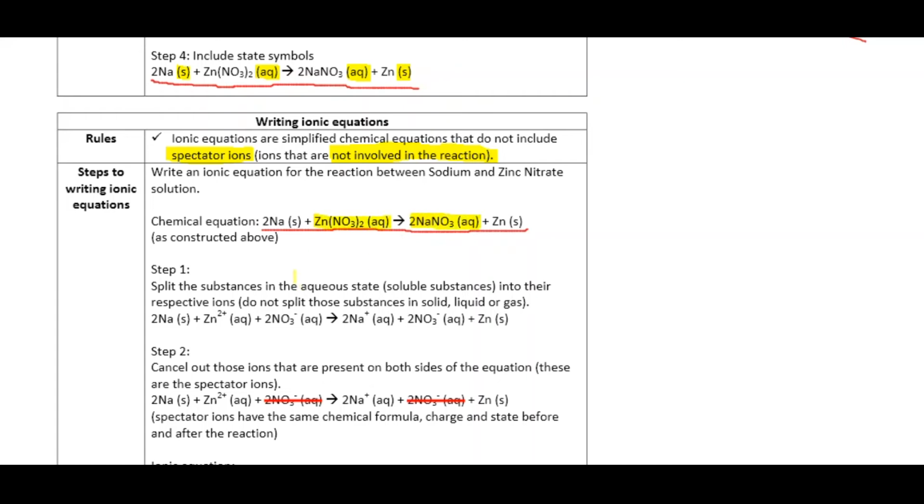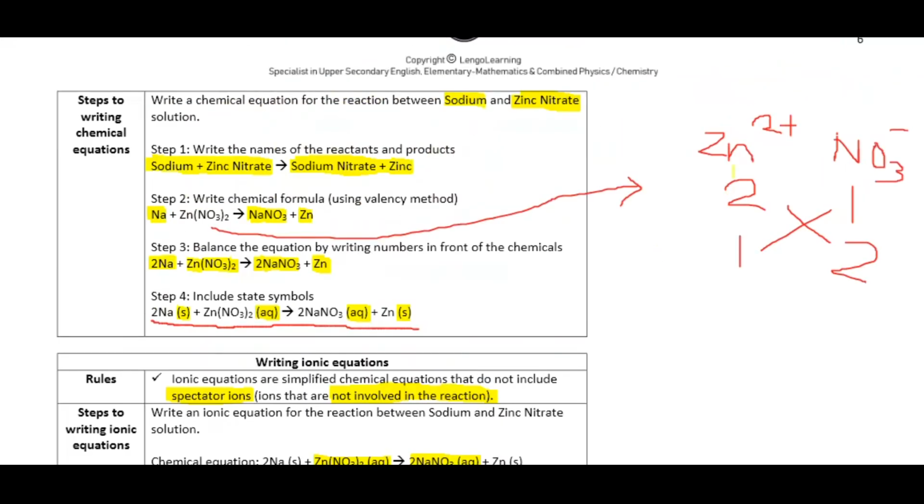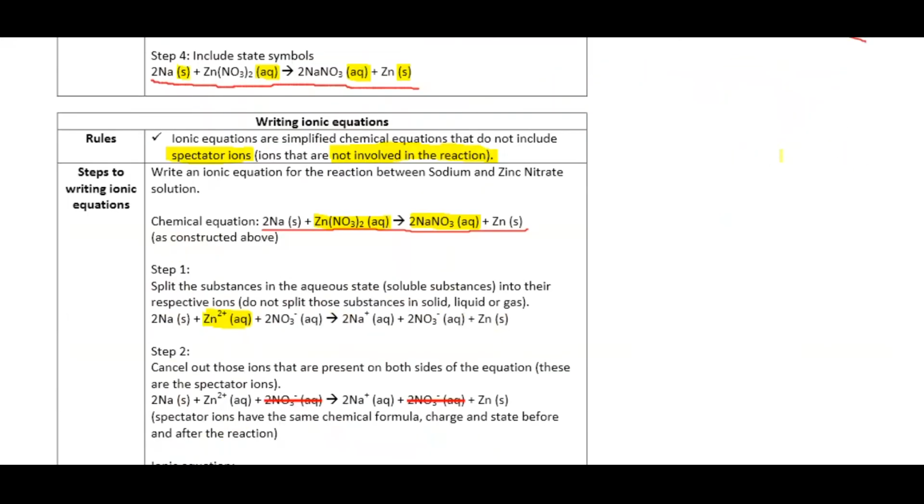As you can see, the solid remains the same, 2Na solid remains the same. But the zinc compound, because it is in aqueous form, we split into its respective ions. Zinc usually exists with a valency of 2 and has a 2+ charge, so zinc will be Zn2+, and NO3 minus, because there are 2 of it in the subscript, so there are 2 such nitrate ions.